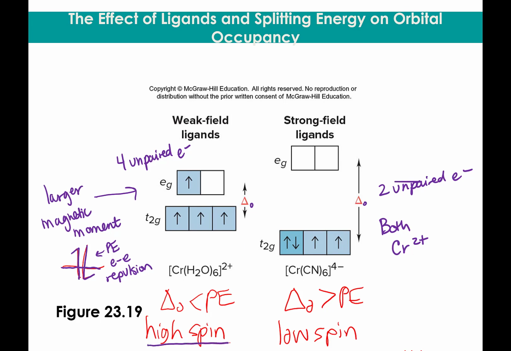This is what we call a high spin case. Now, if delta octahedral is greater than your pairing energy, these electrons will pair up in the T2g orbital before filling the Eg orbital. This is what we call the low spin case. We call these high spin and low spin because high spin compounds will have larger magnetic moments and low spin compounds will have smaller magnetic moments.